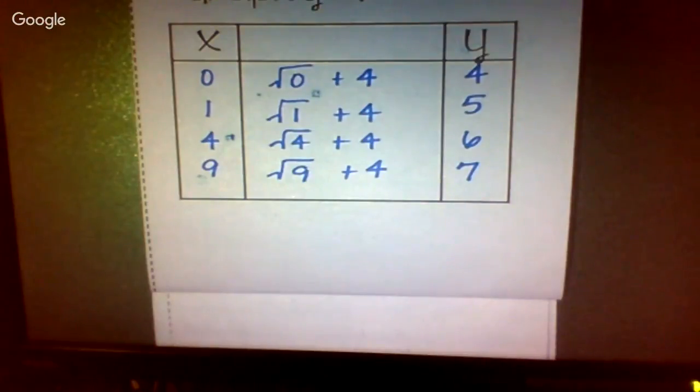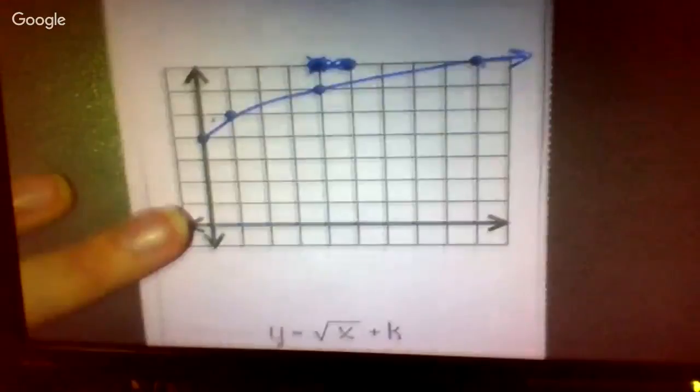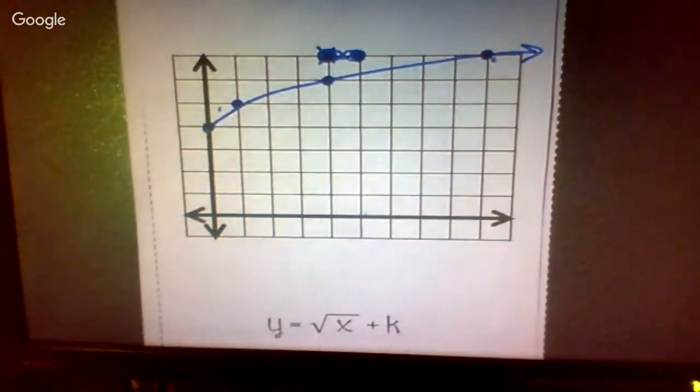Four, 5, 6, 7, 8, 9. There we go. Okay. So we're back to our regular graph. Everything has just been shifted up by 4 because we added 4 onto your equation.